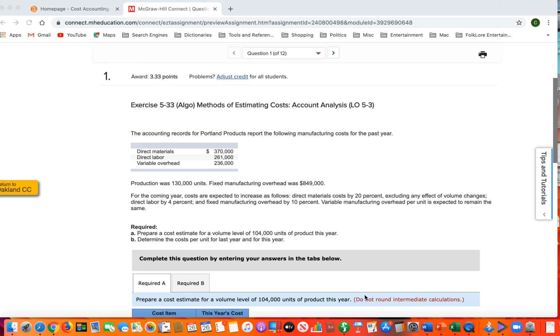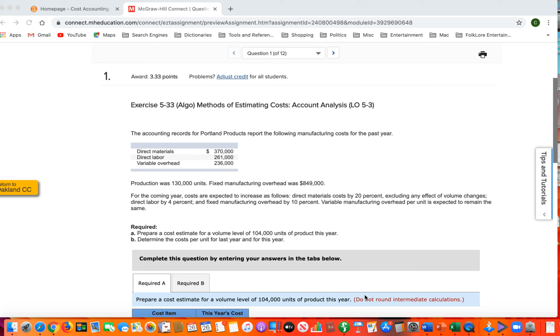The ending EV is the most current time period. So 104,000 minus 130,000 divided by 130,000, because BV is 130,000, that's the beginning, right? Gives you a negative 0.20. So in other words, the number of units dropped by 20%. So really, production was only at 80% of the original volume.